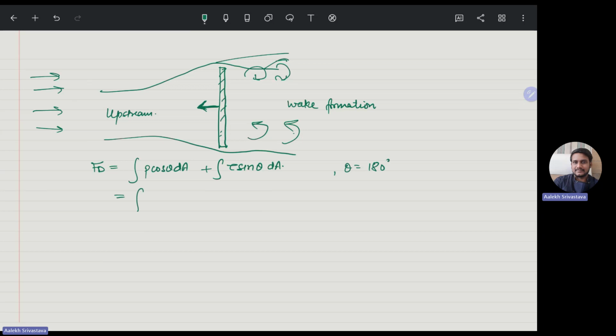Therefore, you will get a pressure drag: cos 180 is equal to minus 1, so you will get minus P dA, but the shear term will vanish. And this is your drag force. Therefore, in this section, the drag force is mainly due to pressure drag, and it exists because you have a pressure difference. Here you have an upstream pressure, here you have a wake formation, and that will exert the pressure.